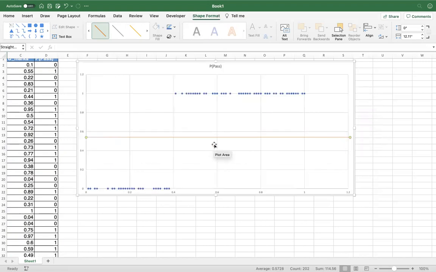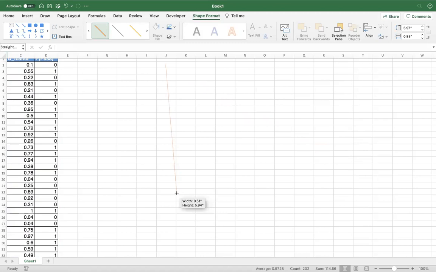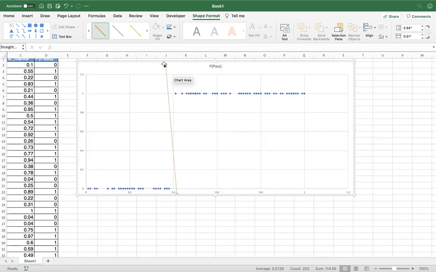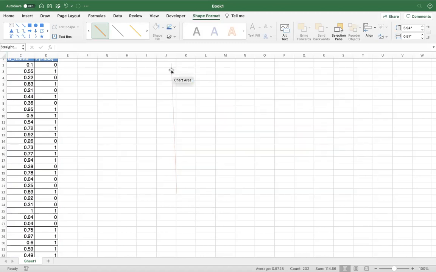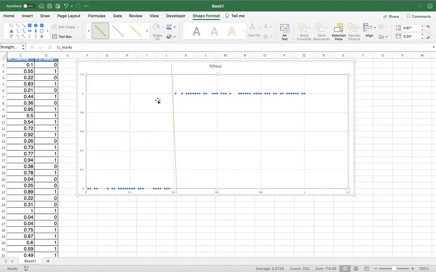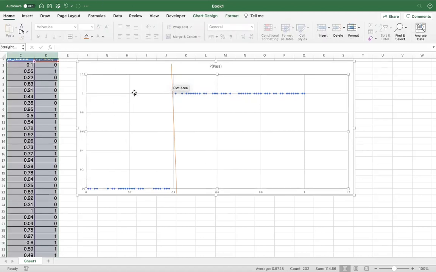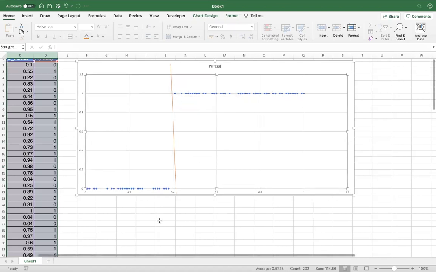The idea is to create such a straight line that divides our data into pass and fail. If I am able to create some straight line like this, now I can say that anything that falls to the left of our orange line is a fail, and anything that falls to the right of the orange line is a pass.